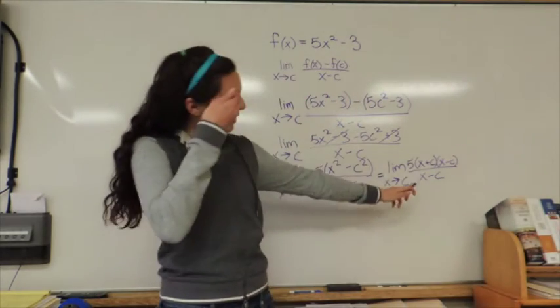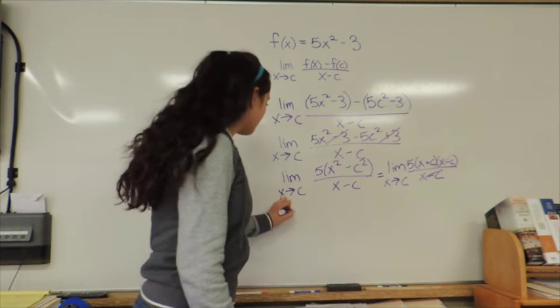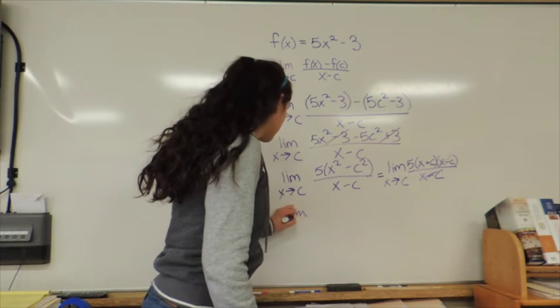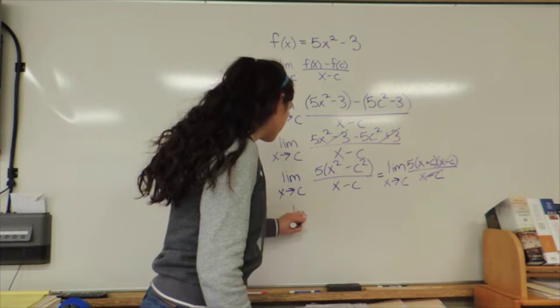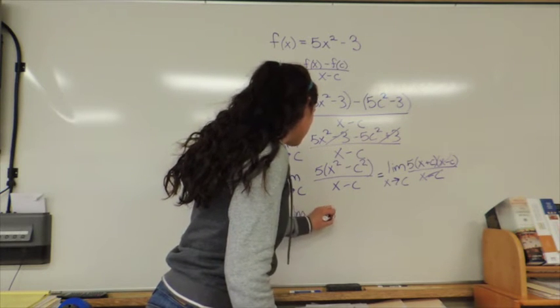And then you can see there, after you factor it, that the x minus c's cancel, and you're left with the limit as x approaches c of 5x plus 5c.